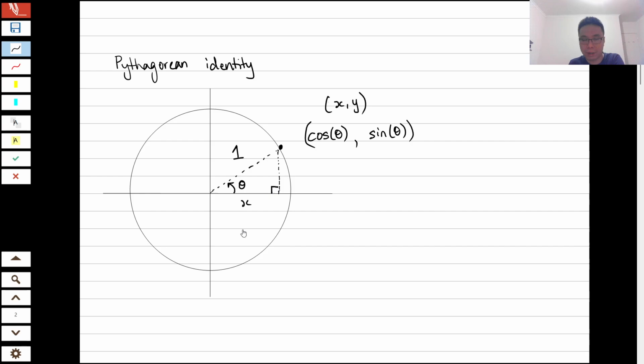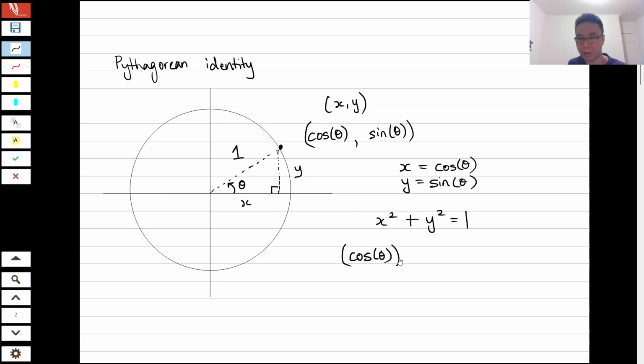So this is a right-angled triangle. The base is x and the height is y. And using Pythagoras' theorem, we can say x squared plus y squared equals 1. However, since we defined x equals cos theta and y equals sine theta, we can say cos theta all squared plus sine theta all squared equals 1.